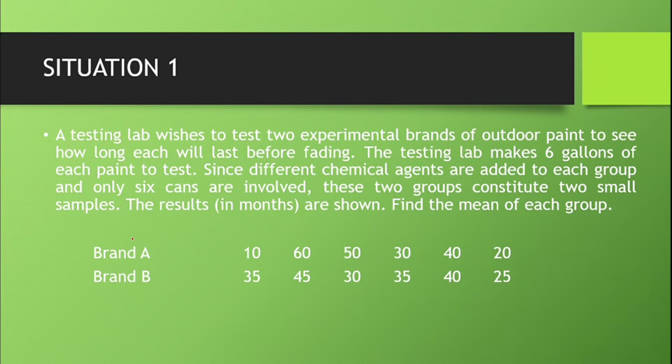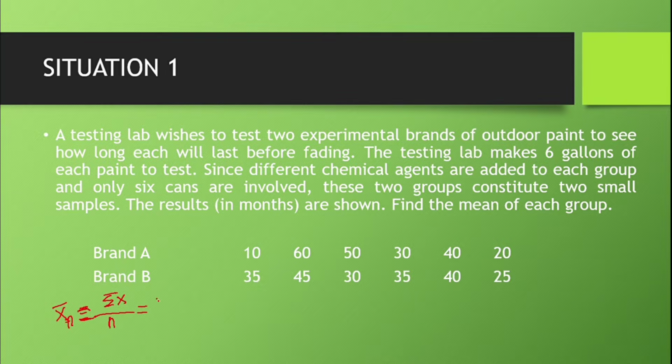So to find the mean, we have here the formula. The mean of A is equal to the summation of X over N. So we have the summation: 10 plus 60 plus 50 plus 30 plus 40 plus 20.